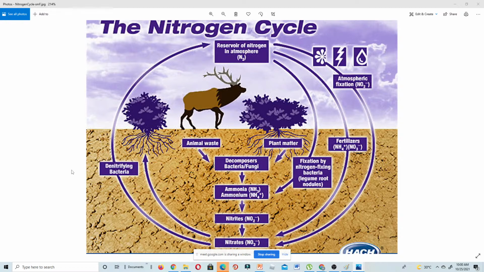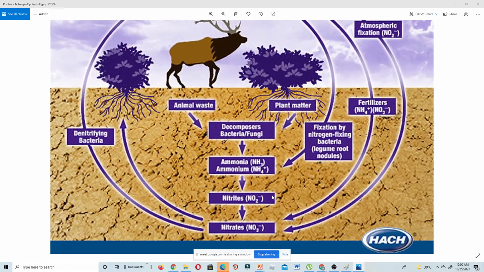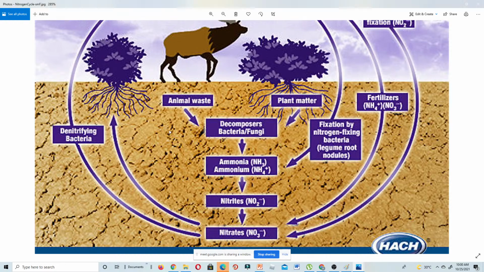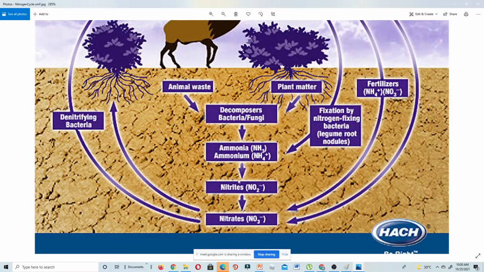Remember that the nitrogen fixing bacteria is the one that helps to convert nitrogen gas to nitrates. So the denitrifying one is actually doing the opposite. It is converting the nitrates back to nitrogen gas.